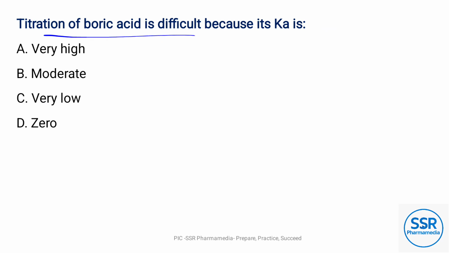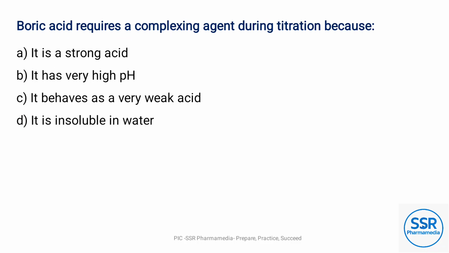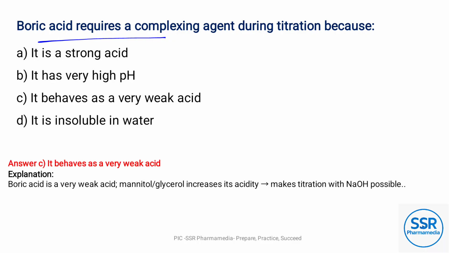The titration of boric acid is difficult because its Ka ionization constant is very low. Answer is very low. Boric acid requires a complexing agent during titration because, option C, it behaves as a very weak acid. So in order to make it a strong acid, we need a complexing agent.